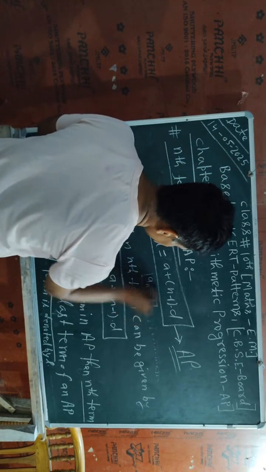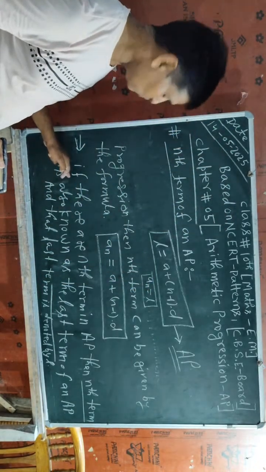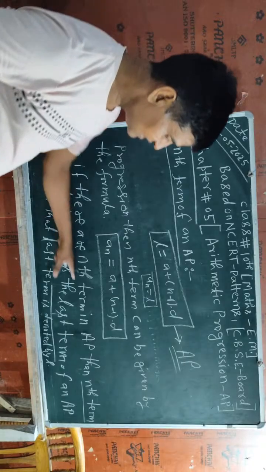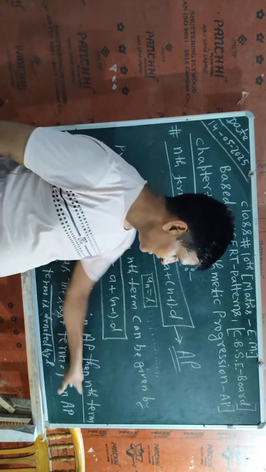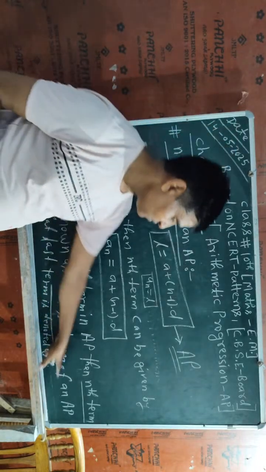Okay, students, this information I have written here in the form of words. If there is an nth term in an AP, then the nth term is also known as the last term of an AP.